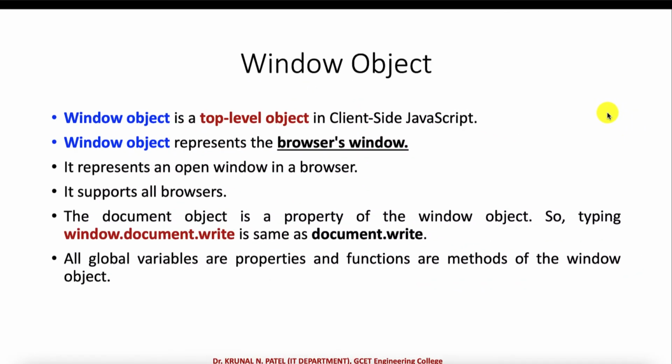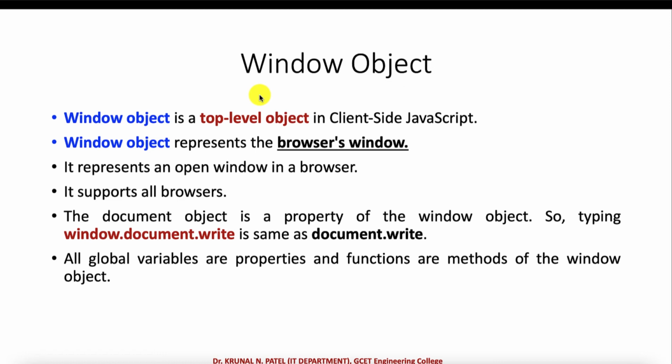Good morning, everyone. Today in this session, in continuation with our JavaScript, we are going to see various inbuilt objects which are supported by JavaScript. In this, we are going to first discuss the window object.